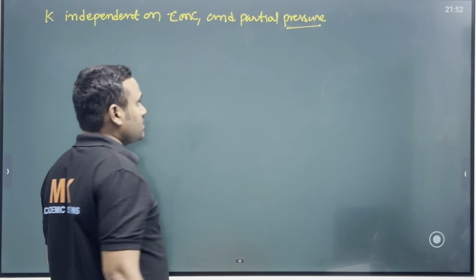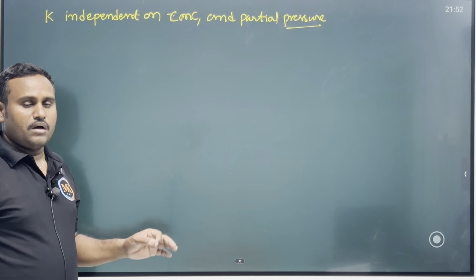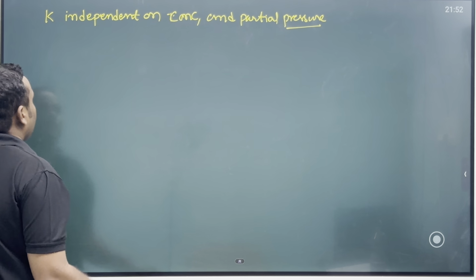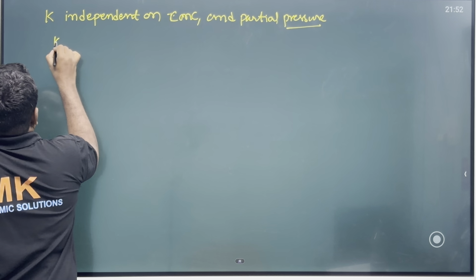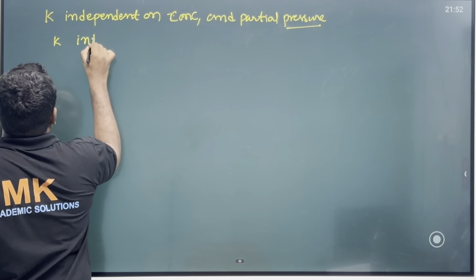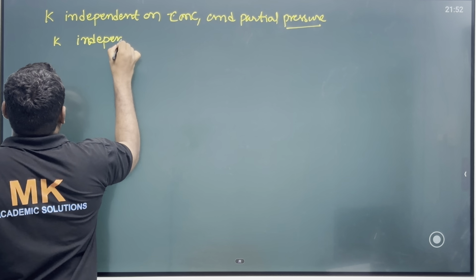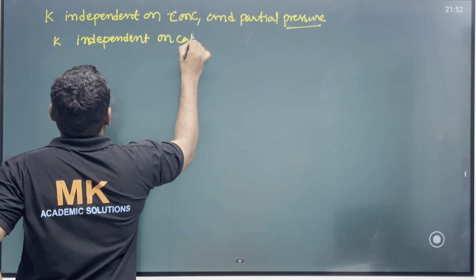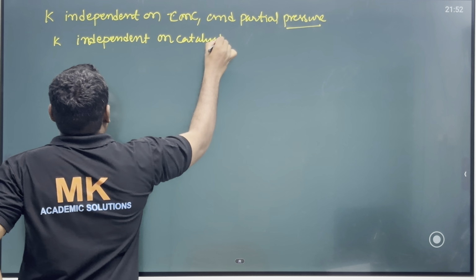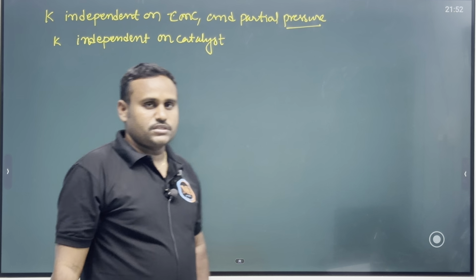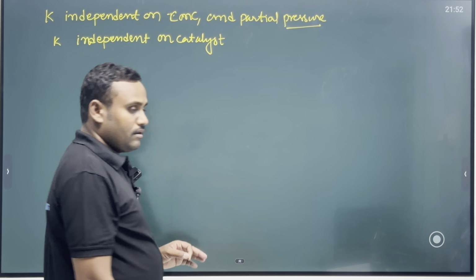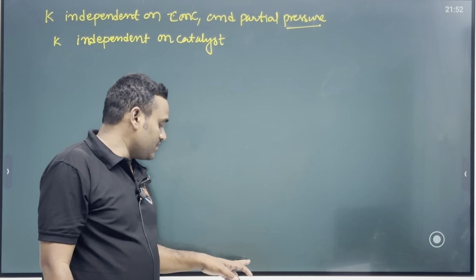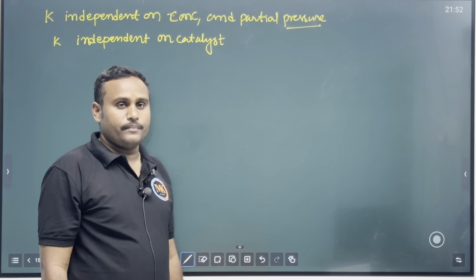It also does not depend on the partial pressures of the reactants and products. And K is independent of catalyst. Catalyst also cannot affect the equilibrium constant. So these are the factors which affect and which do not affect the equilibrium constant.